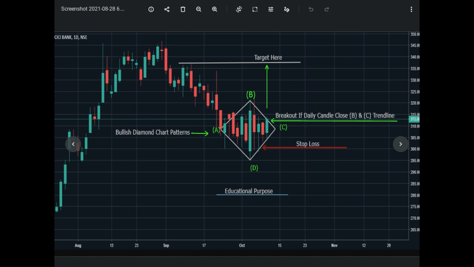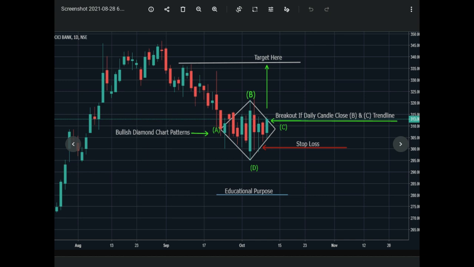So once it hits here, it'll usually fall back. Got to pay attention to that. Formations with more range between the highs and the lows perform better than shorter ranges. And so the longer this goes, the better it'll go here to your target.